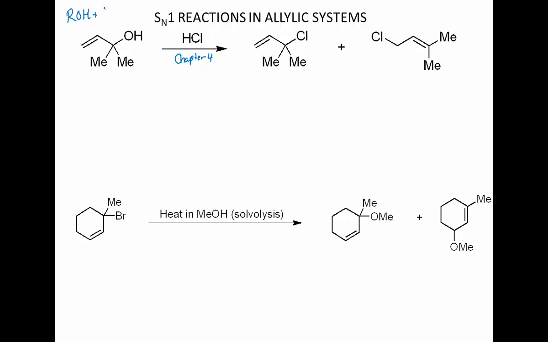ROH plus HX going to RX plus water. Okay, so that was a reaction in chapter 4. That was the first mechanism that we really ever discussed in this class.